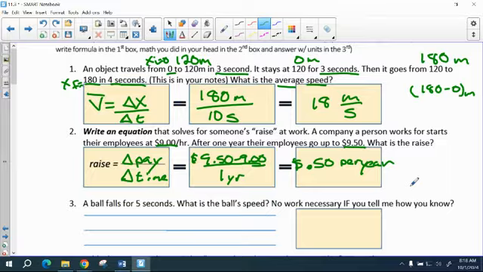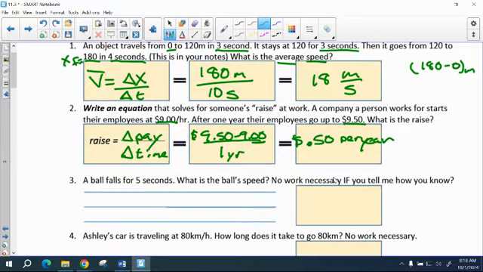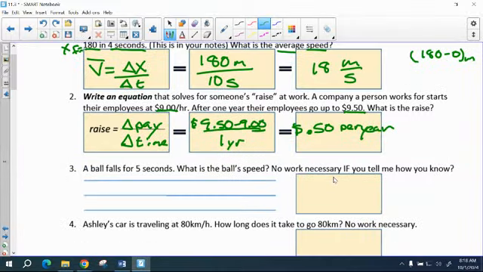Okay? Now I'll probably do number 3 and then I'll let you do the rest. So a ball falls for 5 seconds. What's the ball's speed? No work necessary. So if the speed increases 10 meters per second for 5 seconds, what's the speed? Go. 50. 50 meters per second. Okay?